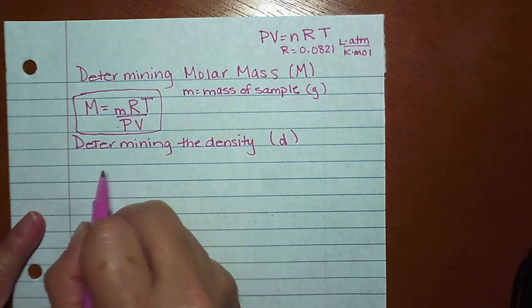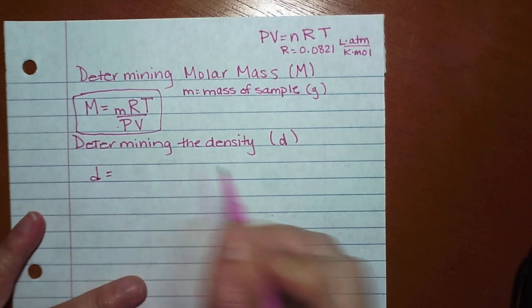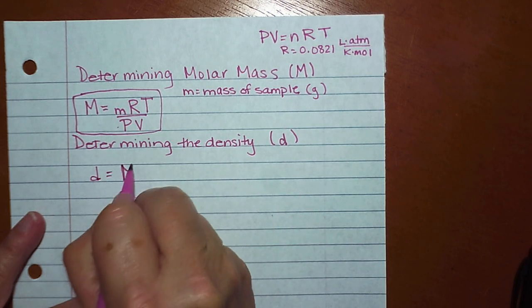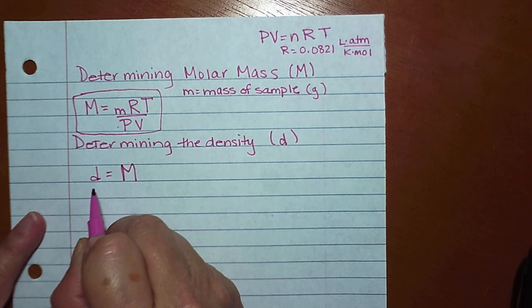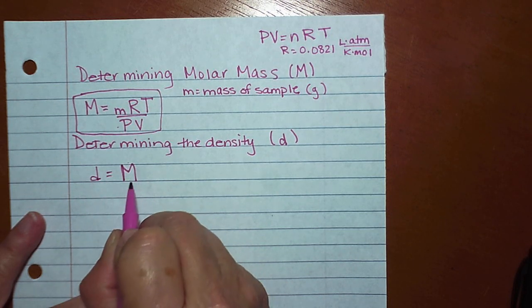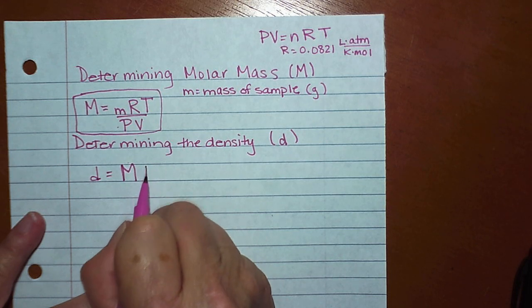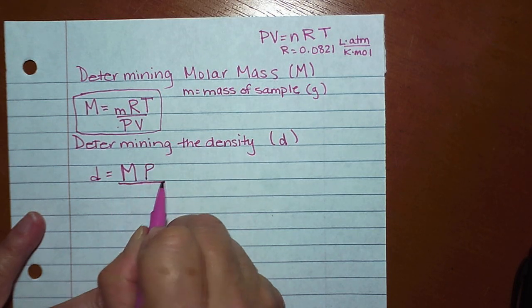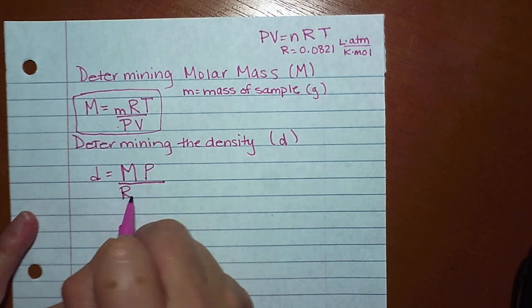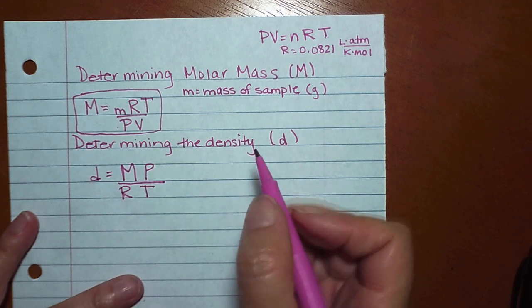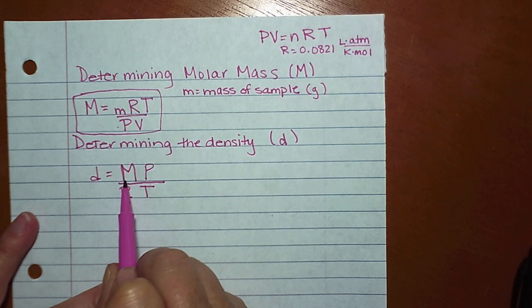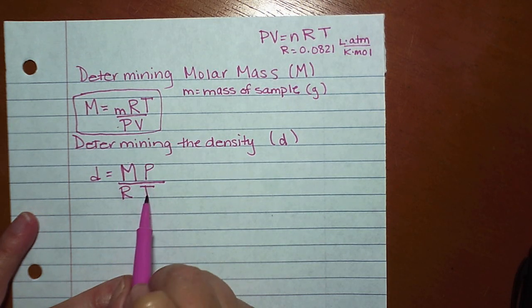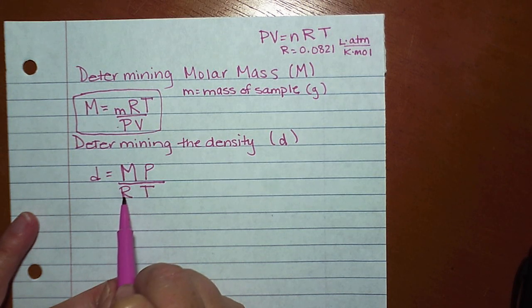For density, your formula is going to be molar mass, grams per mole, times pressure, over R and T. And remember, density is grams per volume. So what that's going to do is your R is going to cancel out your moles, your atm, your Kelvin, and it's going to leave your liters.